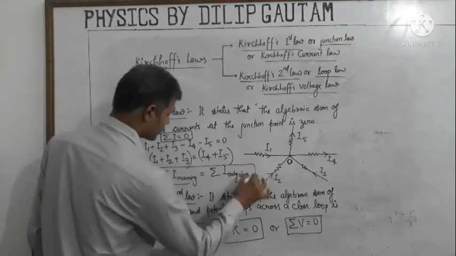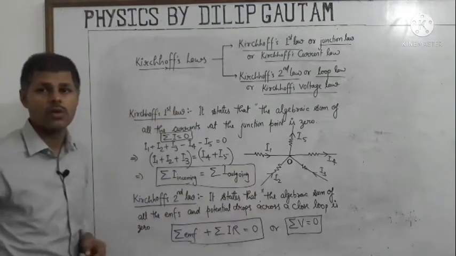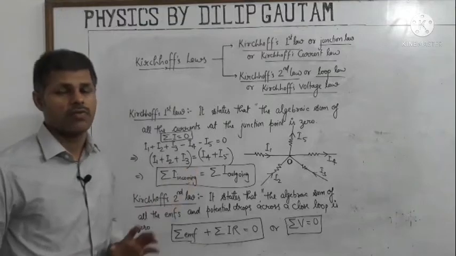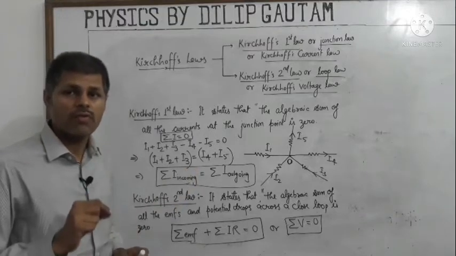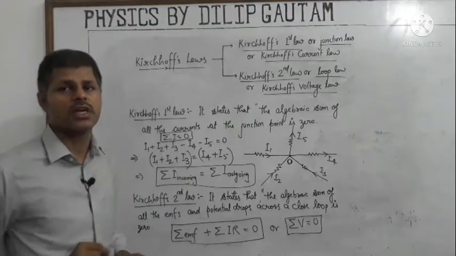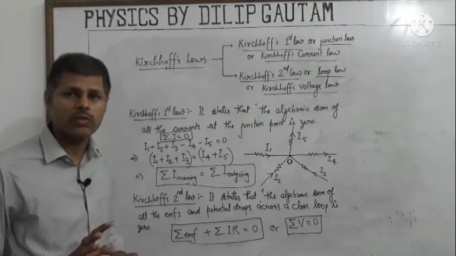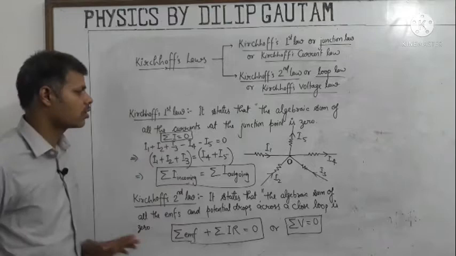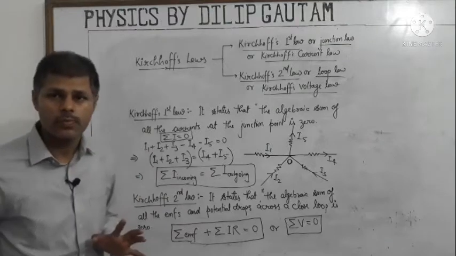This is the alternate statement for Kirchhoff's first law. The sum of the currents coming towards the junction is always equal to the sum of the currents leaving away from the junction.